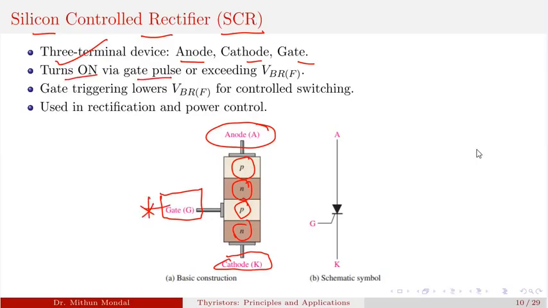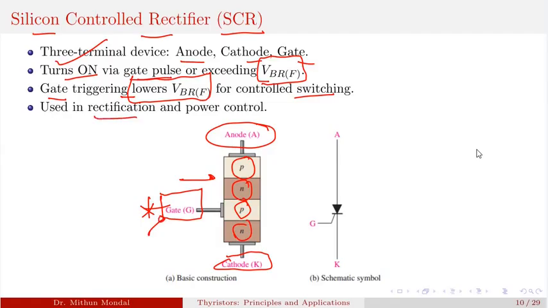This gate signal, whatever we give, will turn on the thyristor when the forward voltage exceeds the breakover voltage. The gate triggering controls the switching characteristic of the thyristor even with a lower breakdown voltage. So the thyristor can be turned on easily at a lower voltage with the help of the gate signal.